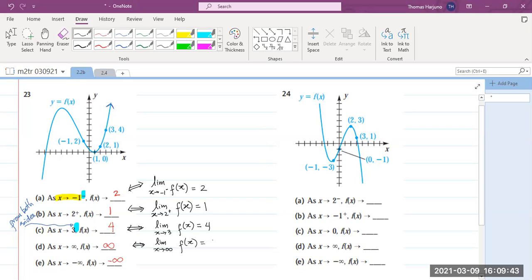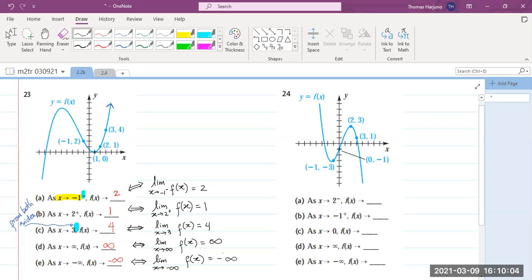In this case will go to positive infinity. And the last part, part E, limit as x approaching negative infinity of the function, that will be negative infinity.